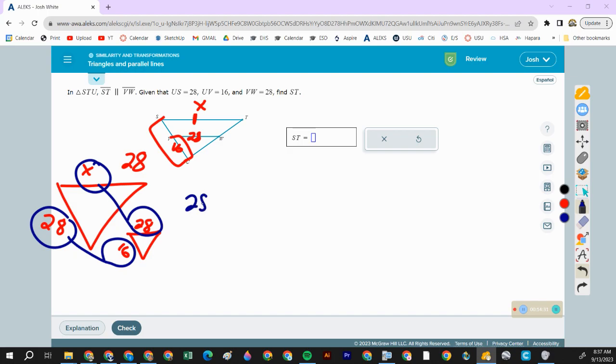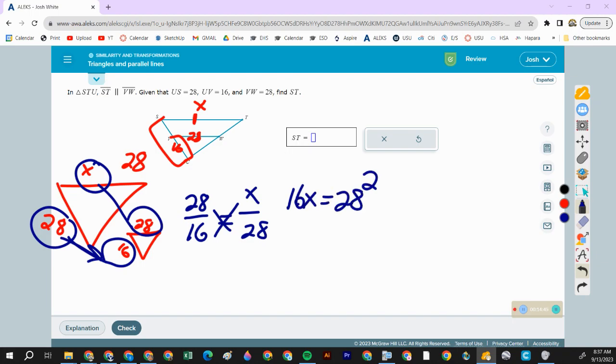So 28 over 16, this way, is equal to X over 28. Multiply that out. 16x is equal to 28 squared. I don't know what 28 squared is, but I'm going to divide it by 16. So 28 squared divided by 16 is 49. Does that make sense?